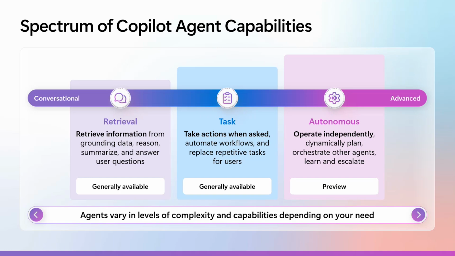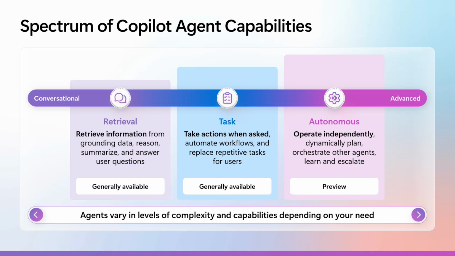So the three categories that we have here are retrieval, task, and autonomous, and we highlight their capabilities here. Retrieval agents focus on gathering and summarizing information, while task agents automate workflows and reduce repetitive tasks. Autonomous agents take it a step further by operating independently, planning dynamically, and learning from their experiences.